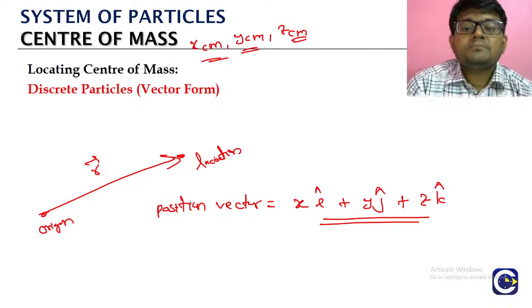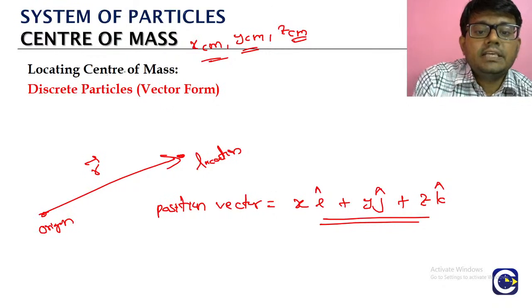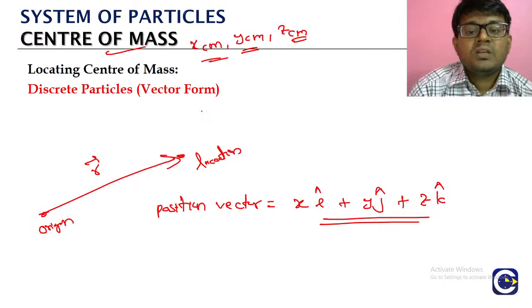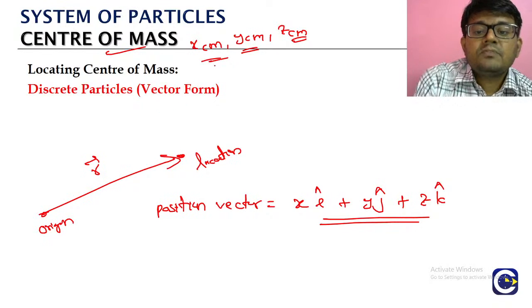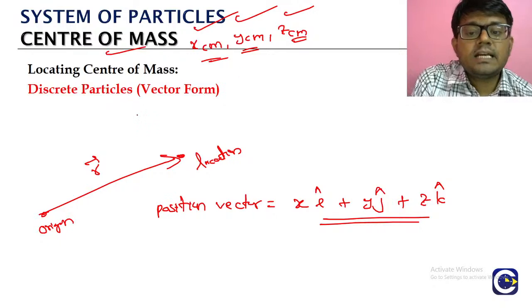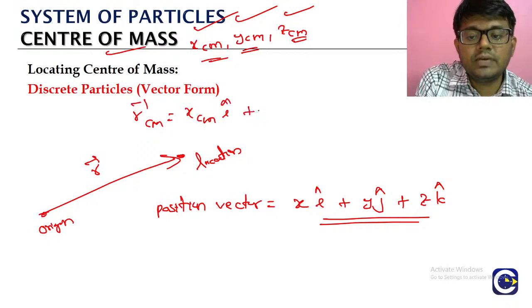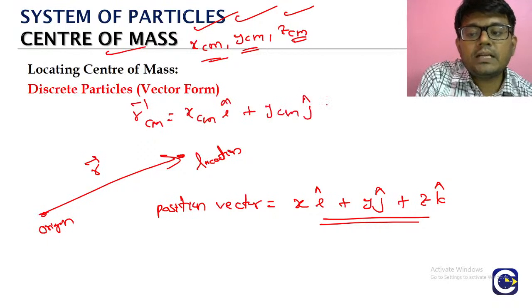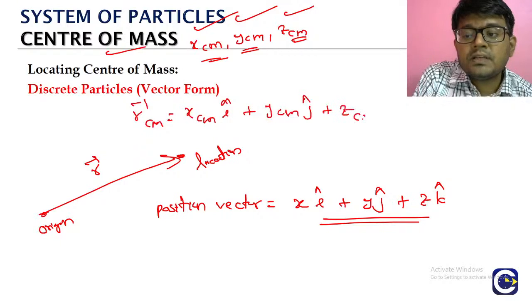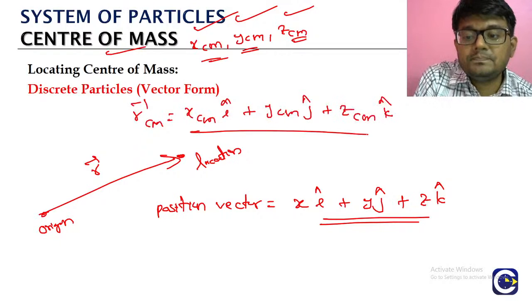Now similarly, if we are talking about the center of mass location, we are saying it is having x coordinate, y coordinate, z coordinate. The center of mass position vector from origin will be what? x center of mass into i cap, y center of mass into j cap, z center of mass into k cap.